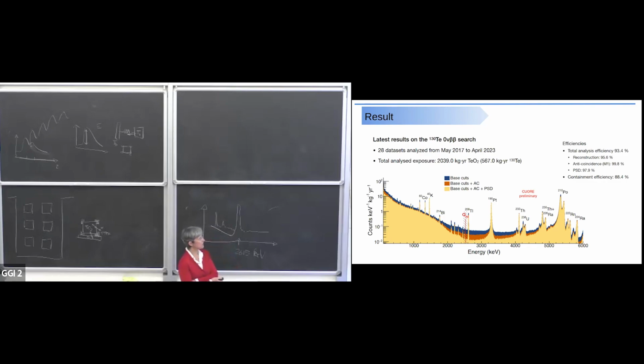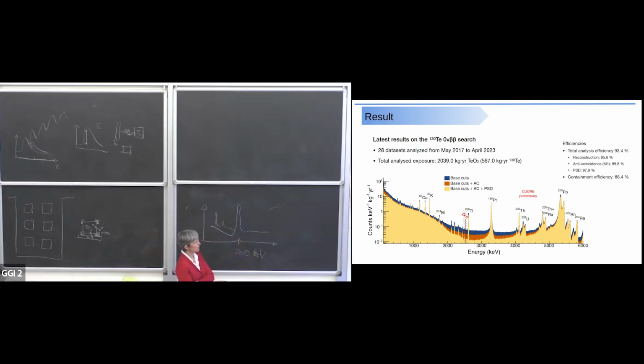This is the result of several years of work with CUORE. You see 3 histograms, obtained by summing over all the detectors and over all the runs.